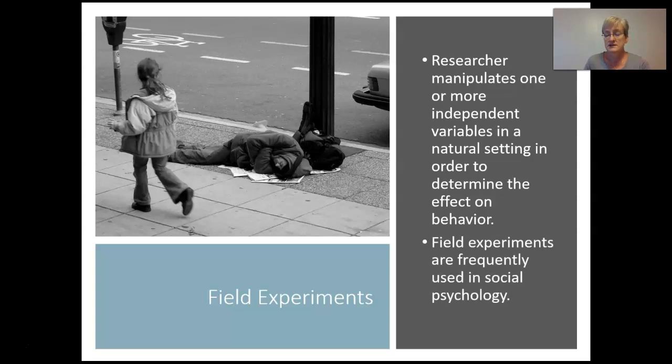These are, as I mentioned earlier, very common in my discipline in social psychology. So for example, if I'm an altruism researcher and I know that in a laboratory I can show that the more people who are present when an emergency occurs, the longer it will take any one individual to do something about the emergency.